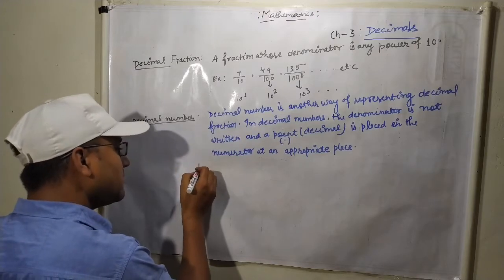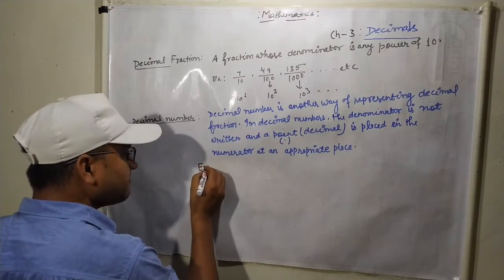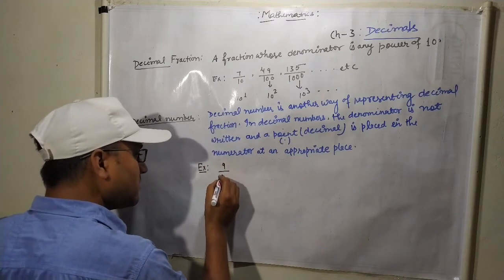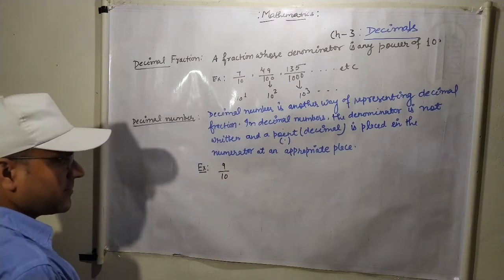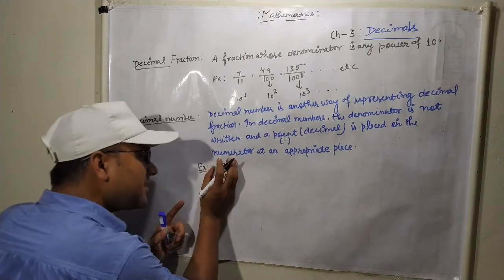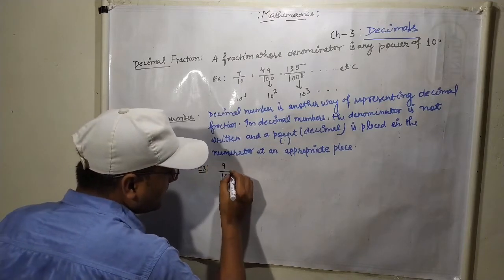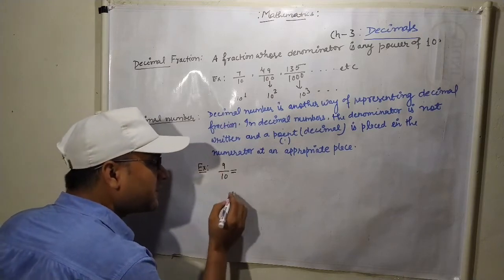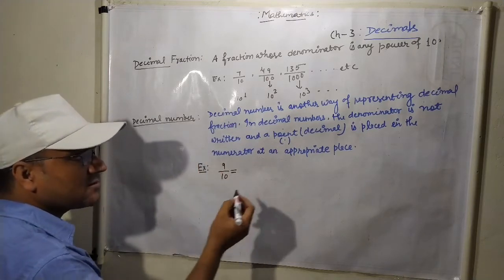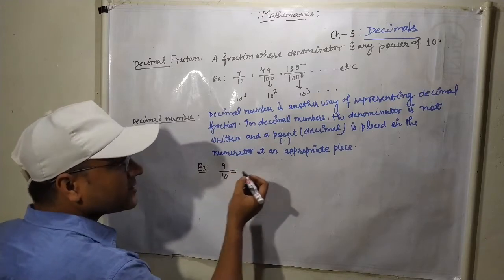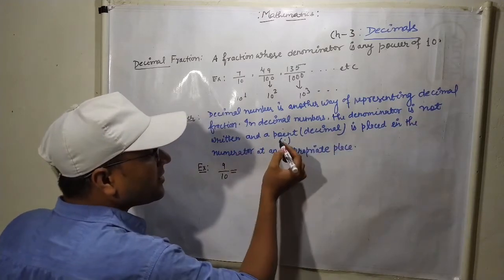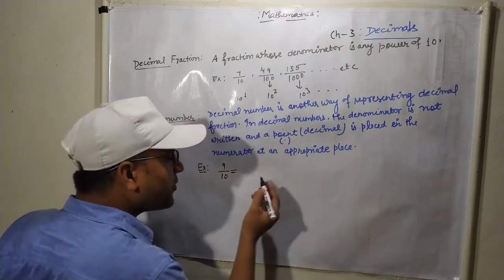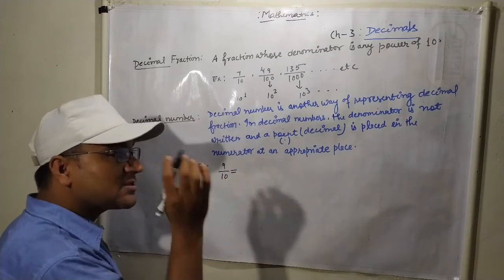The example is 9 upon 10. This is a decimal fraction. In the decimal number, the denominator is not written, and a point is placed in the numerator at an appropriate place. So how will you put this point?